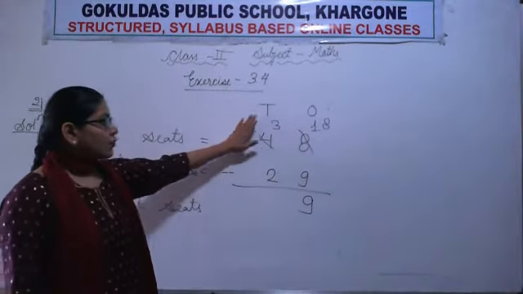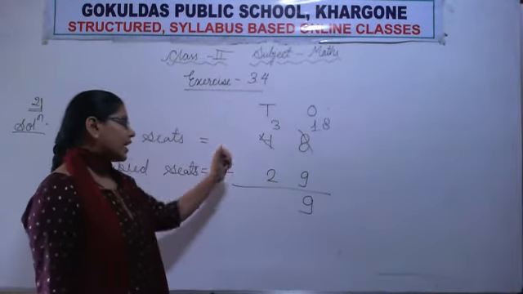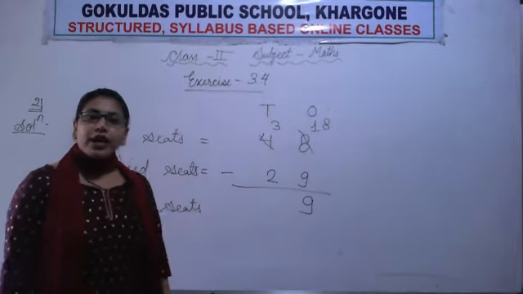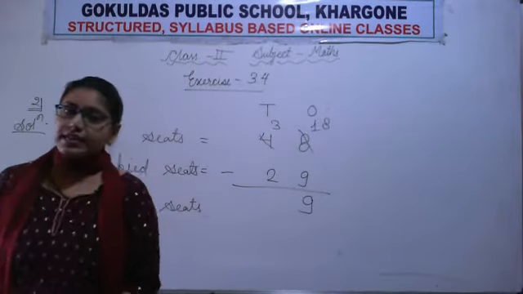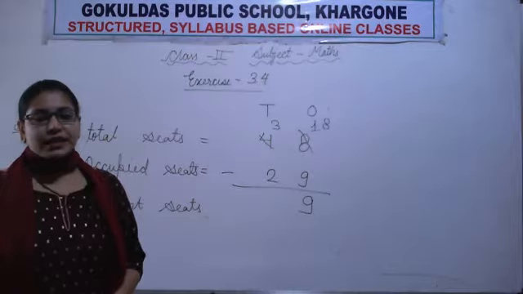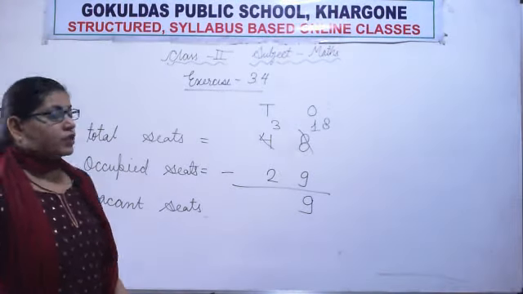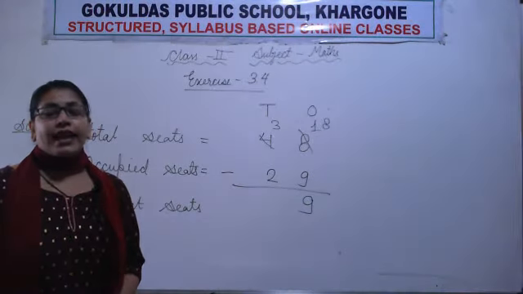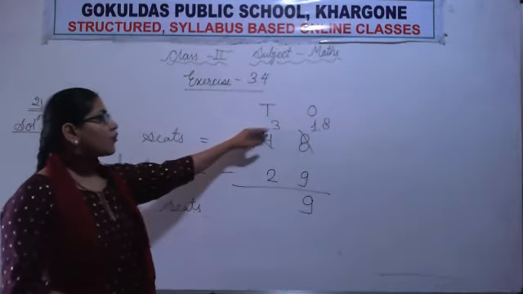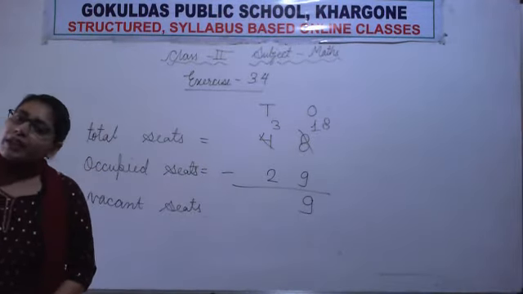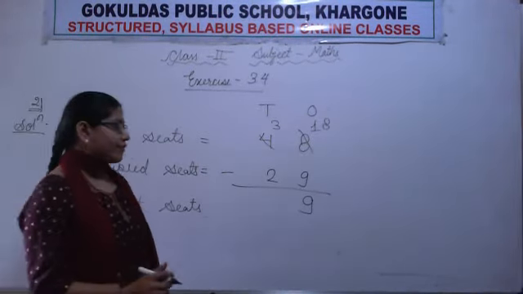Okay. Moving towards tens column, 3 minus 2. All of you count 3 fingers or open 3 fingers. Now minus 2 is there. So take away 2 fingers from those 3. How many fingers are left now? 1 finger.